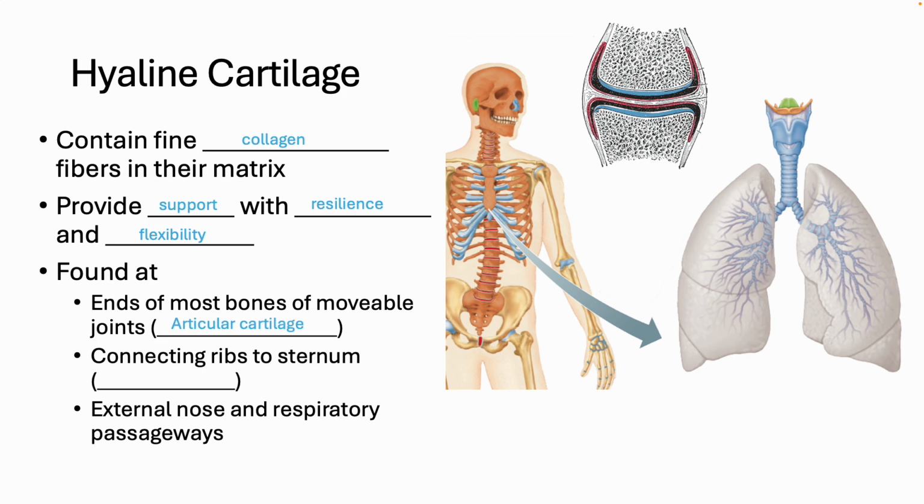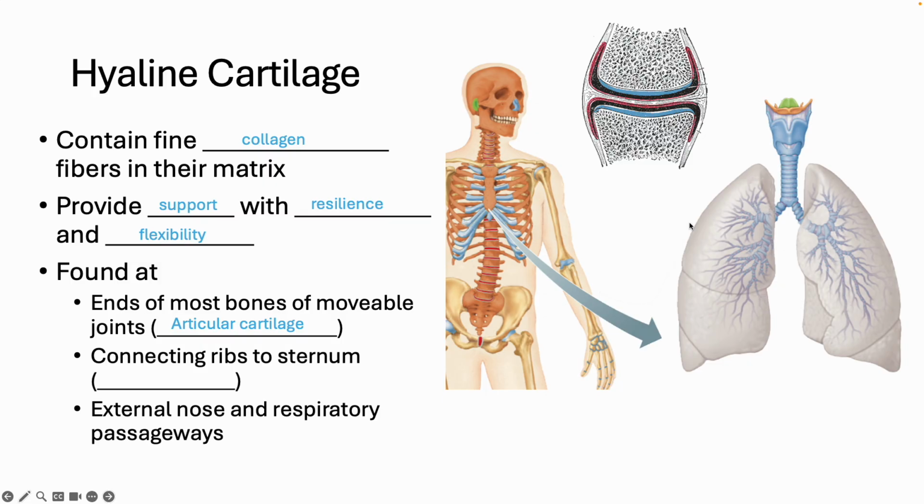So this we refer to as your articular cartilage. You can see that over here, your cartilage at the ends of this joint, denoted in the blue structures on this diagram.